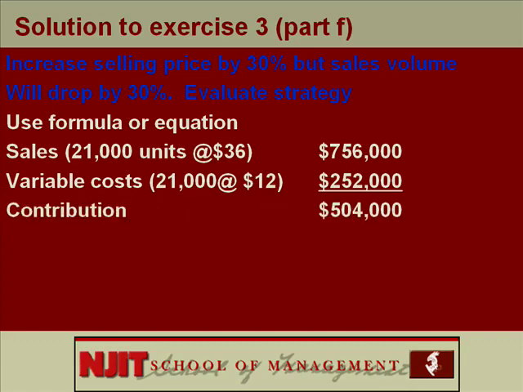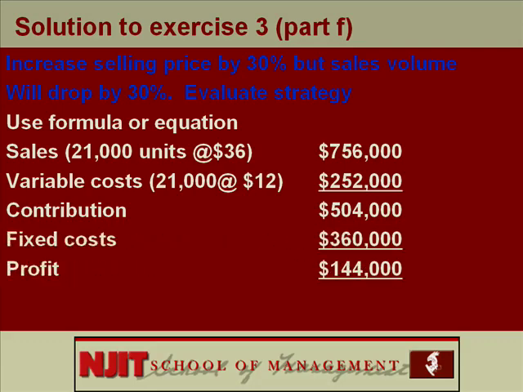The contribution is 504, and if you subtract the fixed cost of 360, the profit is 144. So what's your conclusion? Originally it was 180,000. Now it's gone down to 144,000. So it's not a good strategy. It's not beneficial to the company.